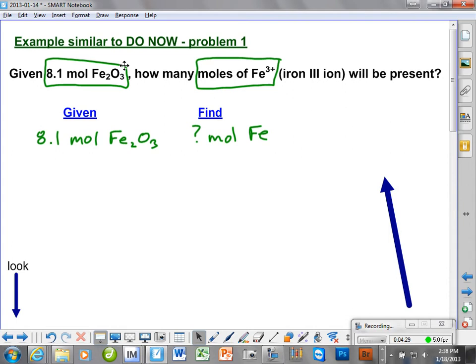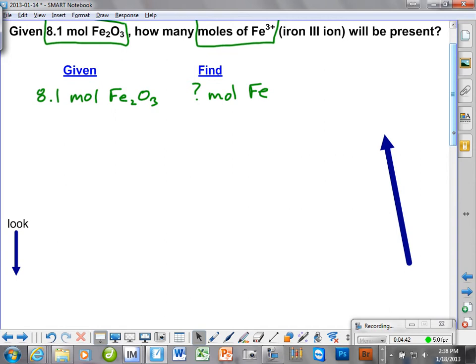So, I'd like to see how we're going to start this problem. So, Arik, how about it? What are we going to have as our first fraction? Absolutely. And so what do I write?